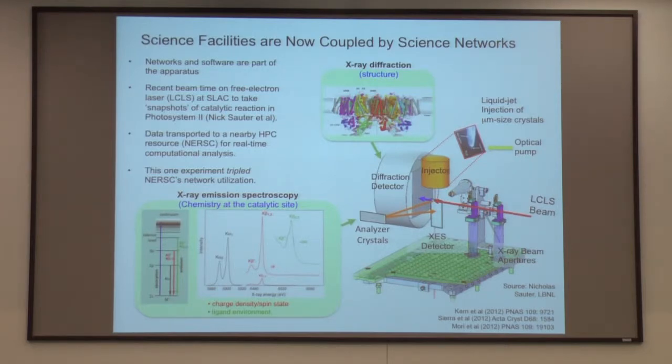So this is an example of a project which is trying to catch photosynthesis in the act. They're trying to look at the water splitting that happens in the photosystem 2. They're using a technique called diffract and destroy, which is they use one of the world's most powerful X-ray lasers to zap this photosystem with a short pulse of X-ray light.